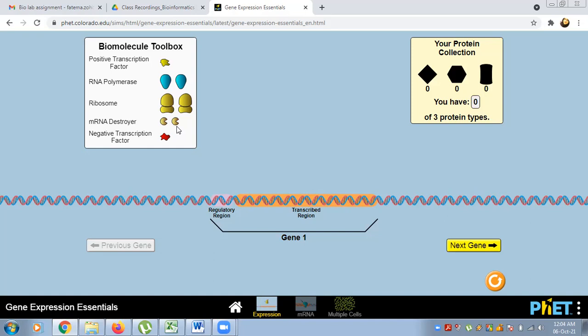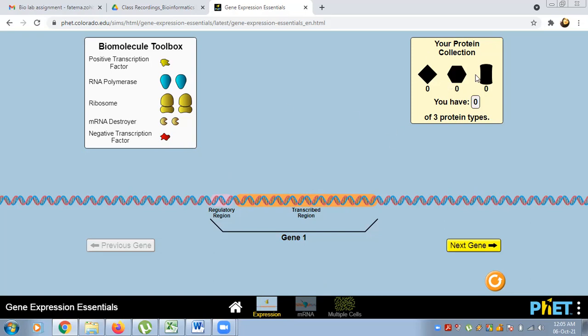Because we know that mRNA and ribosome are the requirement for protein translation. Negative transcription factor is a factor we have already seen in the mRNA section that when it was bound to the DNA, it resists the binding of positive transcription factor to the DNA, and no transcription has occurred, right?